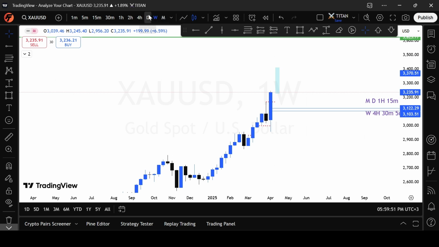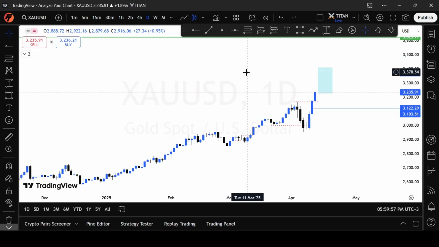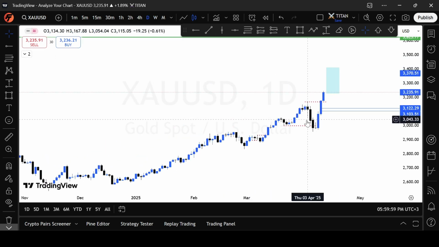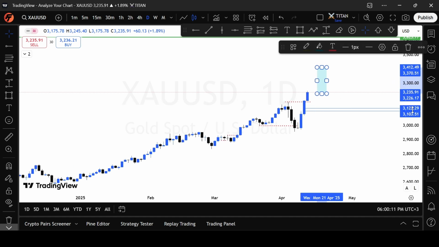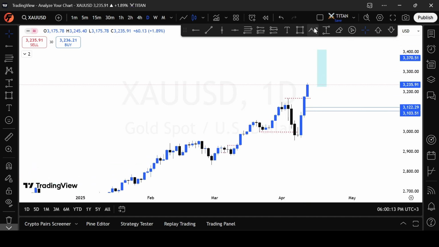And what kind of behavior do we now expect to see on the daily time frame? Since we expect the new week to be bullish, we expect that the new week is going to open, and the new daily candle is going to first probably retrace.